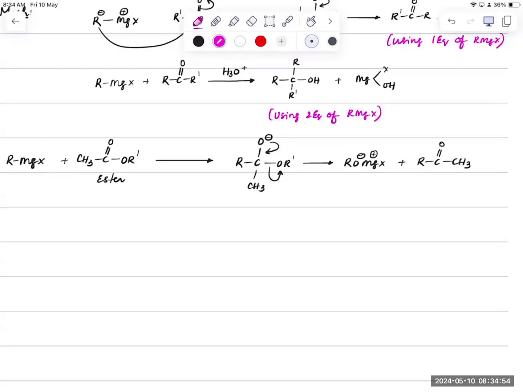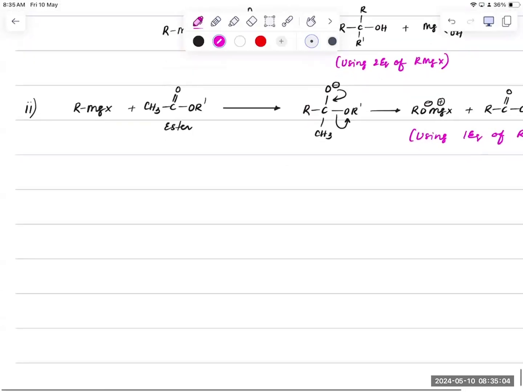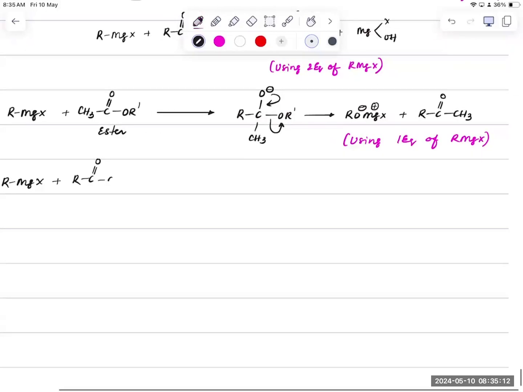So this is using one equivalent of RMgX. If I use the second equivalent also, RMgX plus R C double bond O CH3 we have.